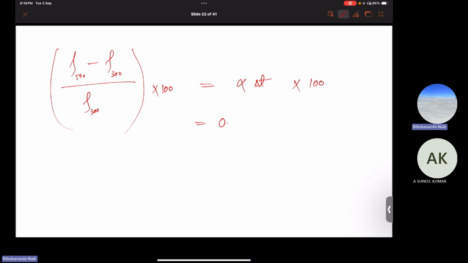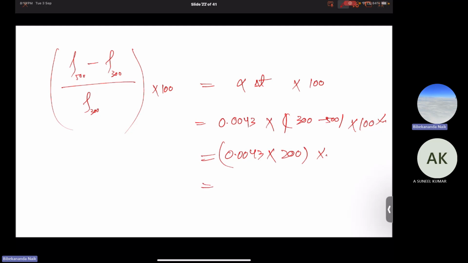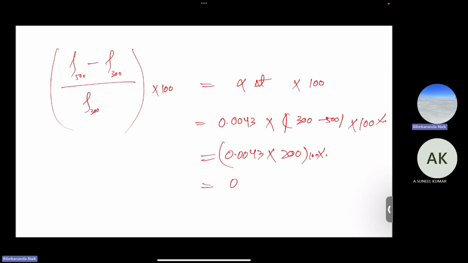Alpha, we know, is 0.0043. Delta T is 500 minus 300, which is 200. So 0.0043 into 200 into 100 percent. So it will be 0.86 into 100, that is 86%.